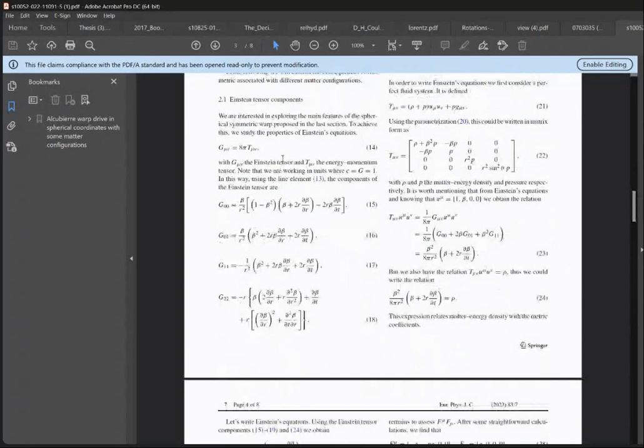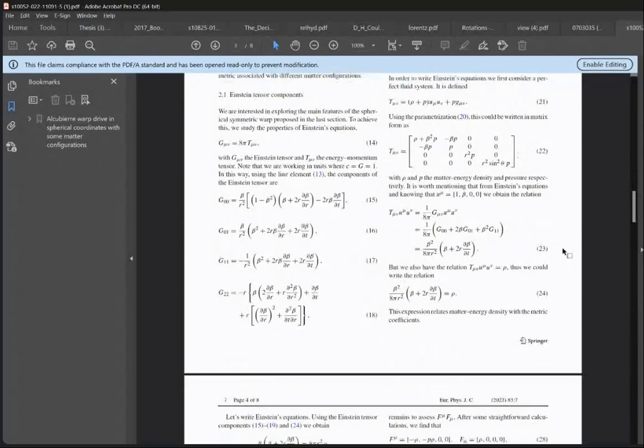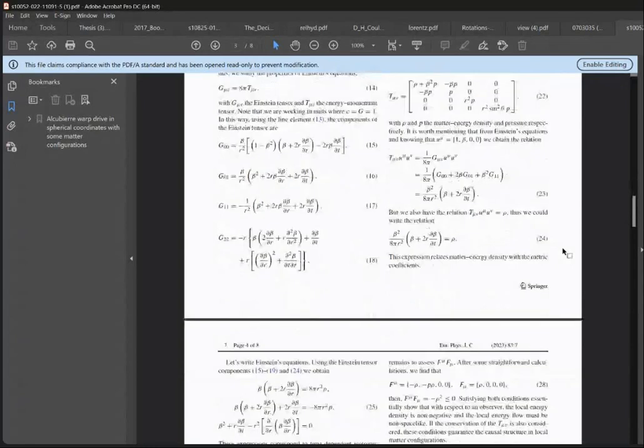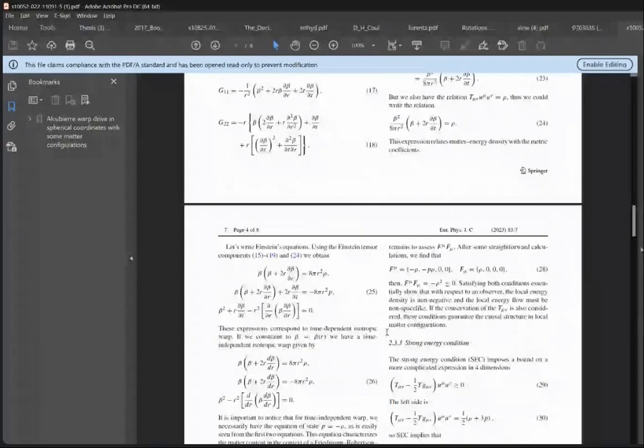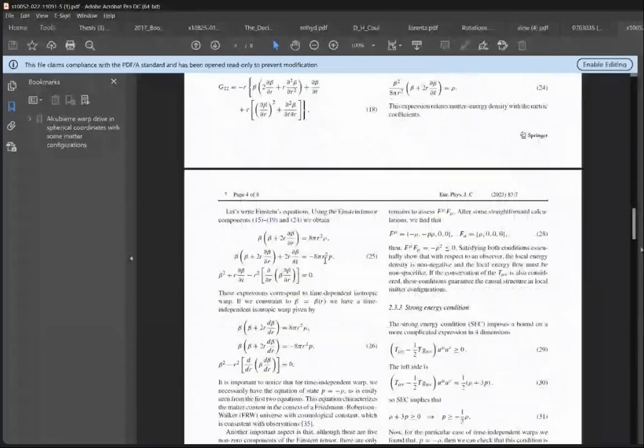The 0,0, which is the time component, is proportional to T00, and so on. And you see which components are different from zero. I'm going to ignore this for a moment, but this is what you get at the end: basically, three independent equations. After fully simplifying the whole thing, you get just three different equations with a simple perfect fluid.